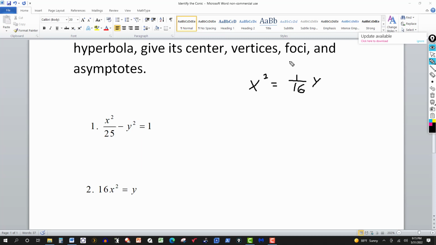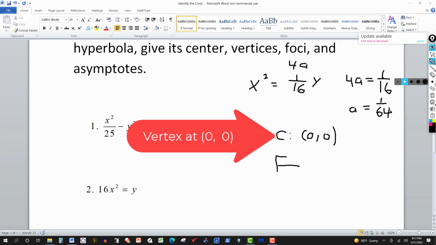And remember, in the standard form, the coefficient of that linear term, in this case y, is 4a. So 4a has to equal 1 over 16. Solve for a: multiply through by 1/4 to eliminate the 4 here, and the other side multiplied by 1/4 gives me 1 over 64. And of course the a value is going to be used to determine your focus and the directrix.